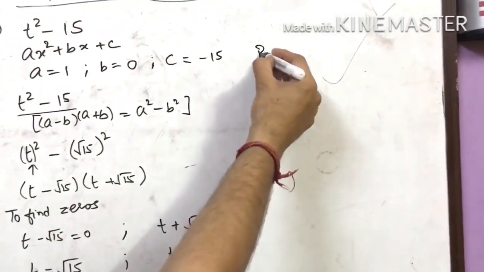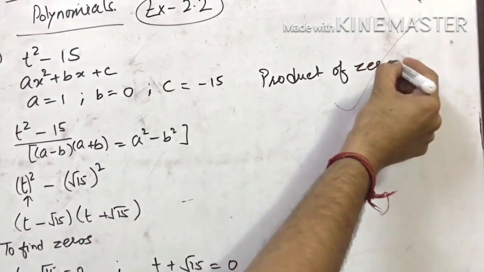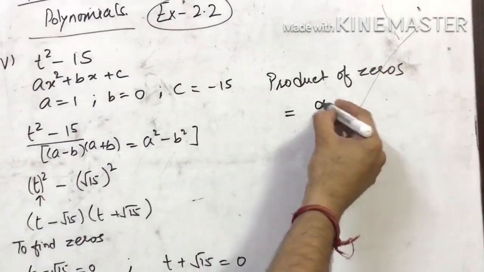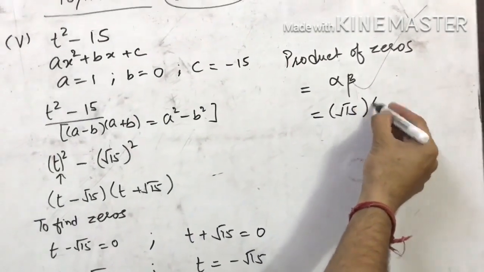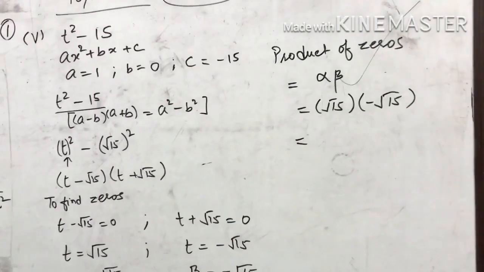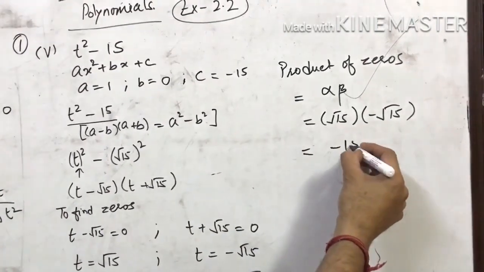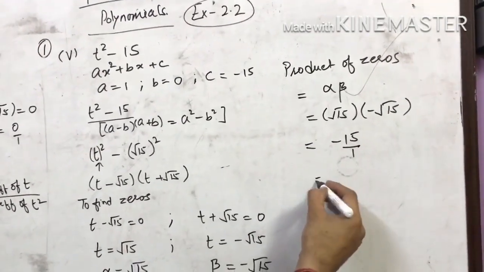Second part is product of zeros. Product of zeros is equal to, when you multiply plus root 15 and minus root 15, you will get minus 15. You can write it as this.